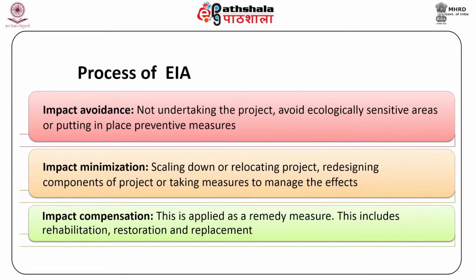Impact minimization, that is scaling down or reallocating the project, redesigning components of the project or taking measures to manage the effects. 3. Impact compensation. This is applied as a remedy measure. This includes rehabilitation, restoration and replacement.